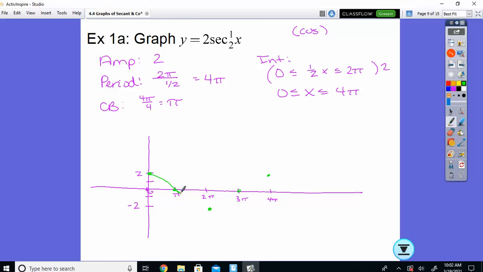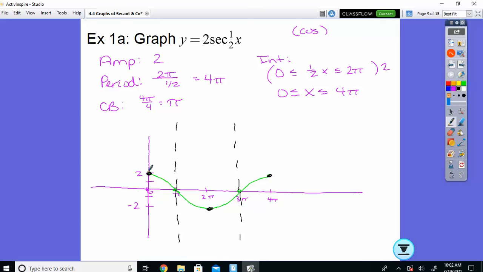So this was my cosine. So everywhere that is 0, we get what? So we'll have an asymptote here at pi and 3 pi. Then your high and low points stay, and you just flip it away from the axis.